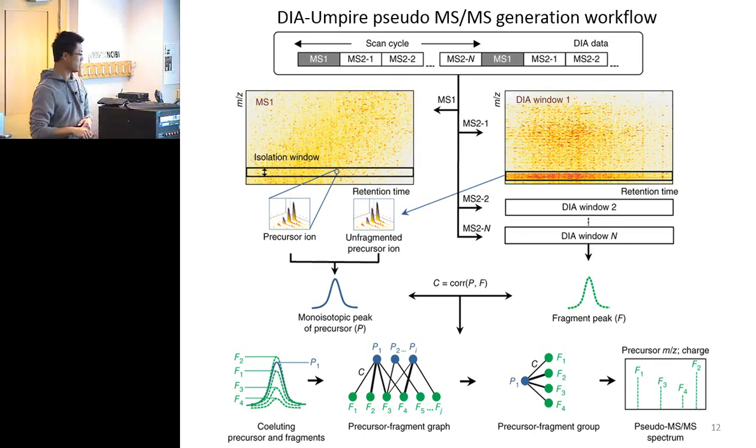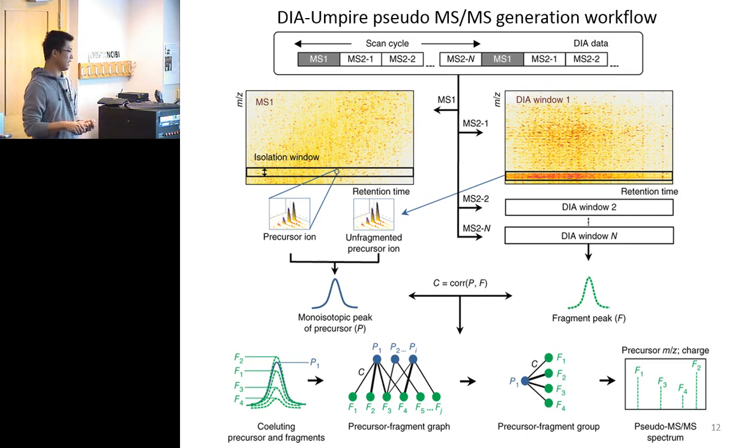And then we build this bipartite graph: we have all those detected precursors and all those detected fragments. Then we calculate the correlation to say, if this fragment is highly correlated to this precursor, then it more likely comes from this precursor.